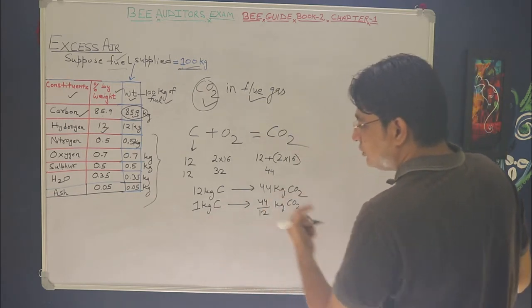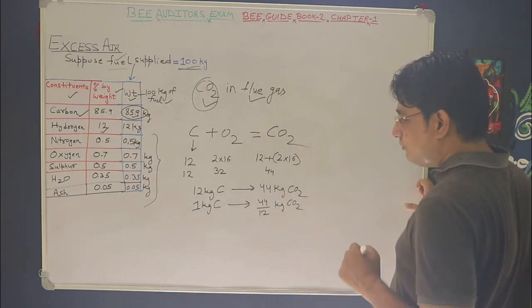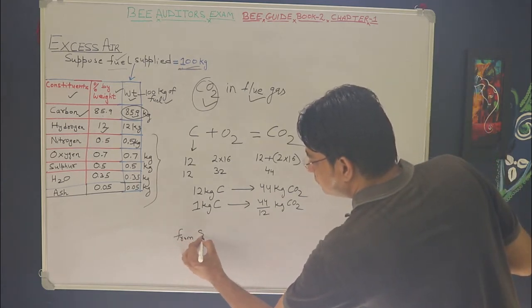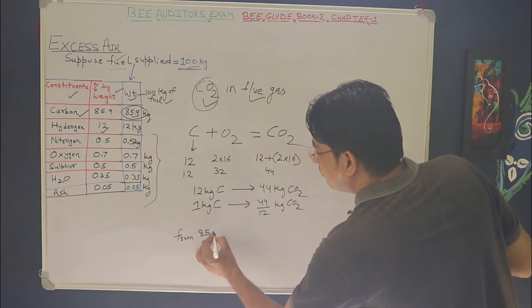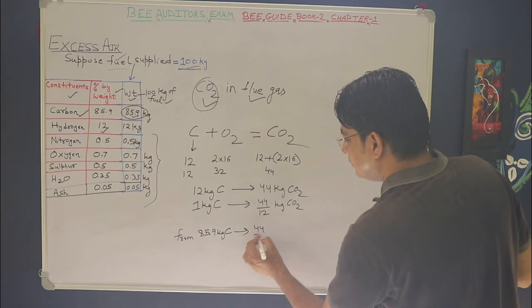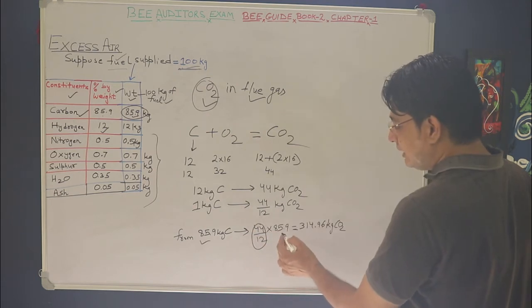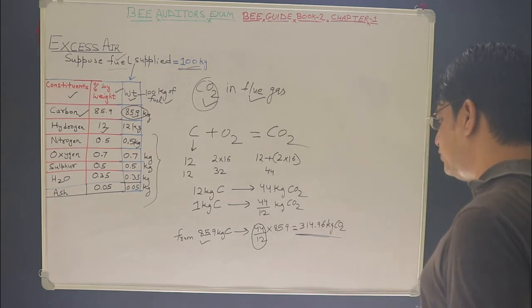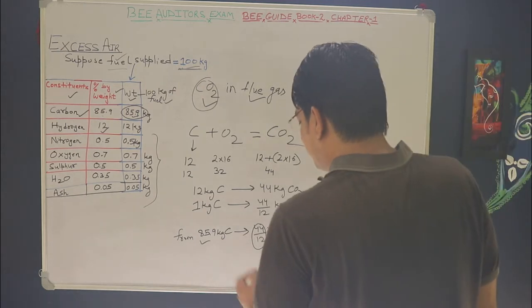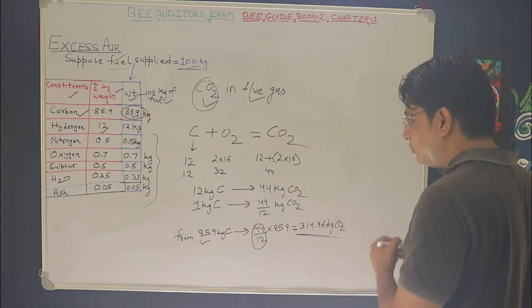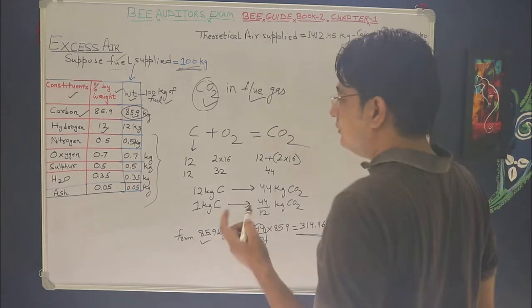So since from 1 kg carbon I am having 44 by 12 kg of CO2, from 85.9 kg carbon I will be having 44 divided by 12 multiplied by 85.9, and it will come as 314.96 kg CO2. So we can easily see from 85.9 kg carbon, 314.96 kg of CO2 is getting formed.